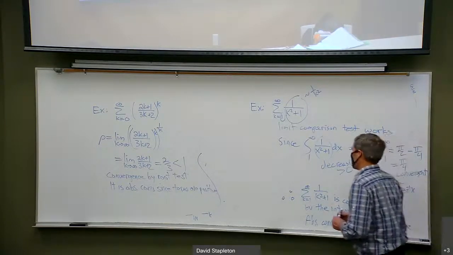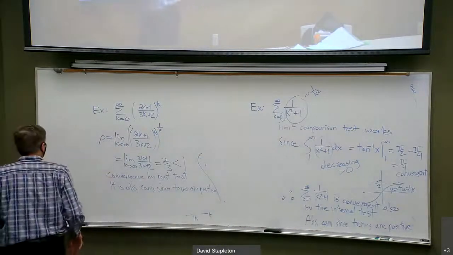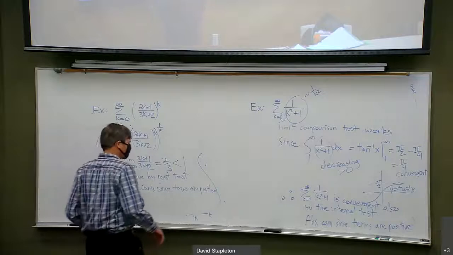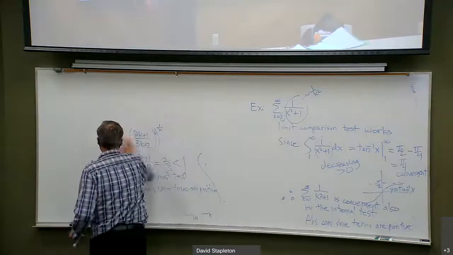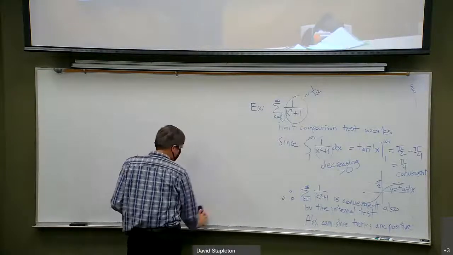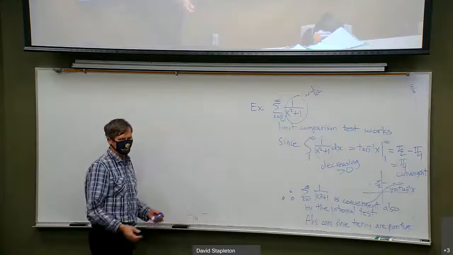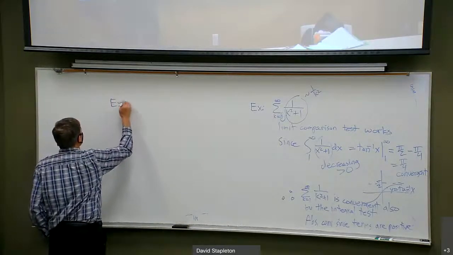All right, so that's all I wanted to do on those. I think it's a real good summary of these things. There are two cases where I want you to be able to actually evaluate the sum. All these things we've been doing are about whether it converges, or converges absolutely. What if I actually calculate a sum?